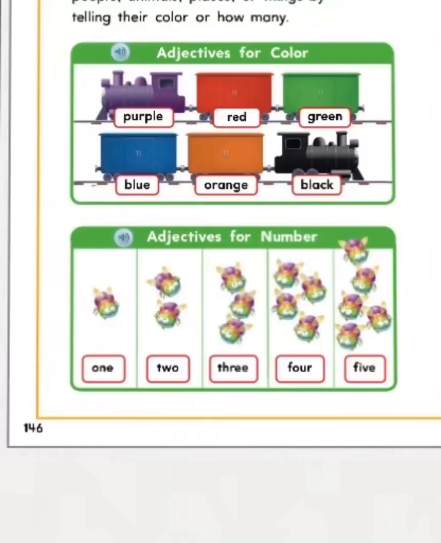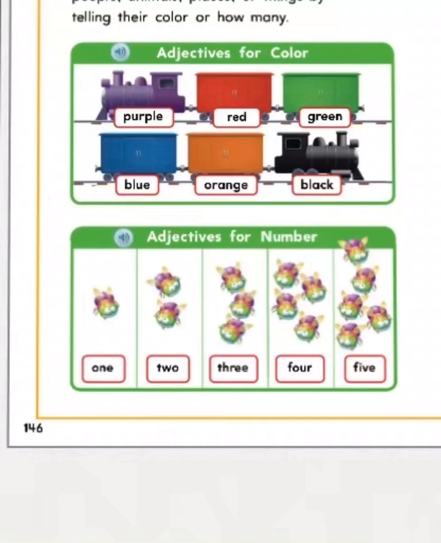Grammar. Adjectives. Some adjectives describe people, animals, places, or things by telling their color or how many. Adjectives for color: purple, red, green, blue, orange, black.